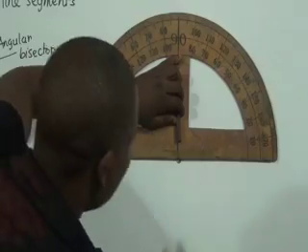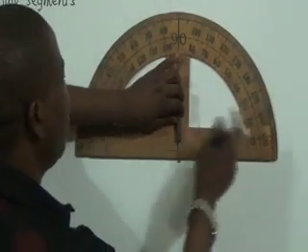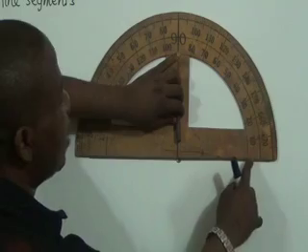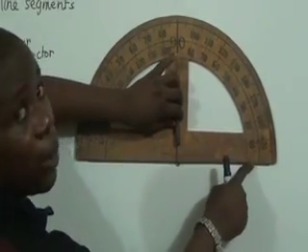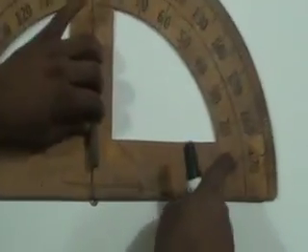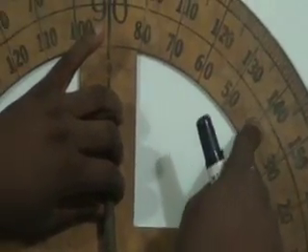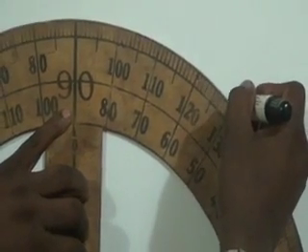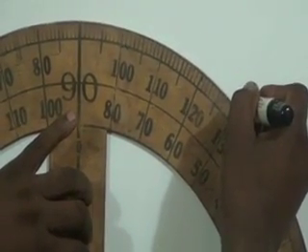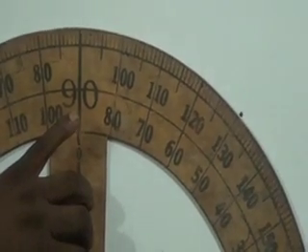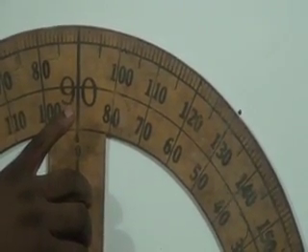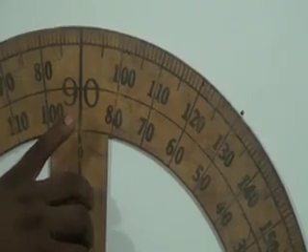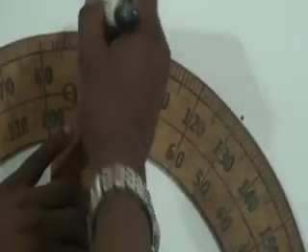Let us mark out an angle. We can start from here. You can see 0 from this point. So 0, 10, 20, 30, 40, 50. Let's just mark off 50. Put a small dot there, and after that, remove your protractor. Then we are going to join the 2 points together.